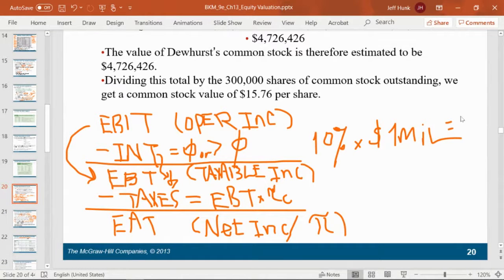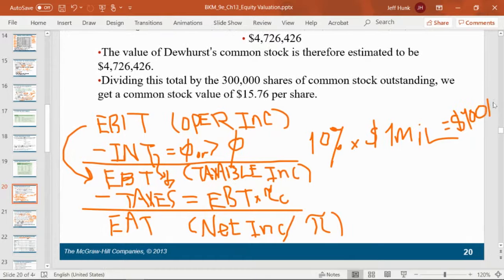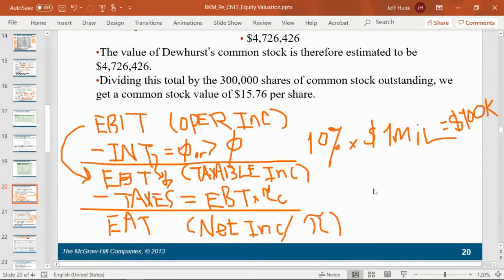You're still paying 10% interest payment. Where's the savings? Where's the tax break? No, the tax break comes from reduced taxes.